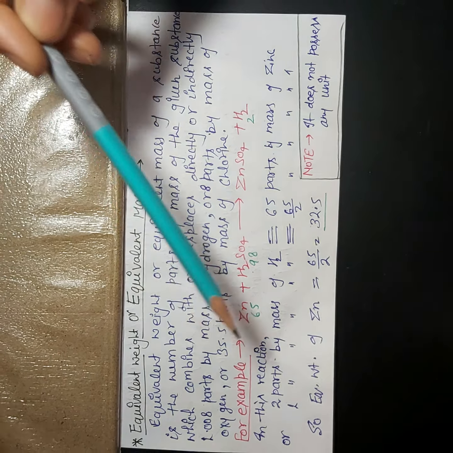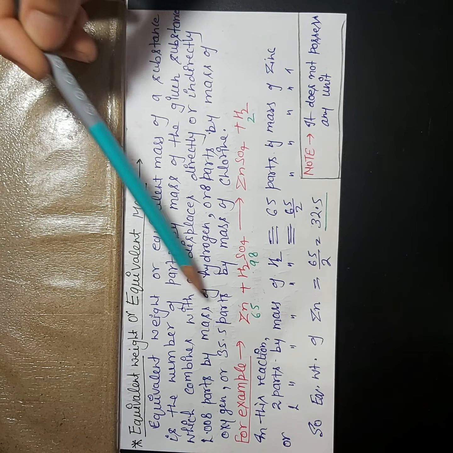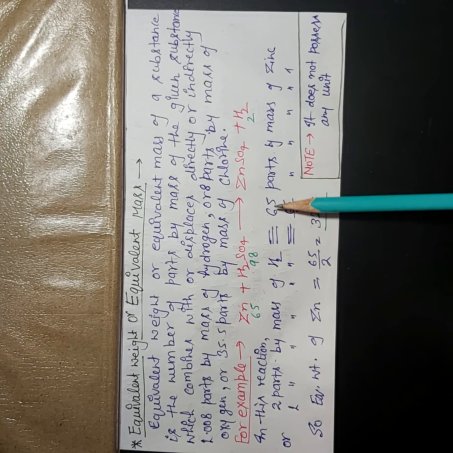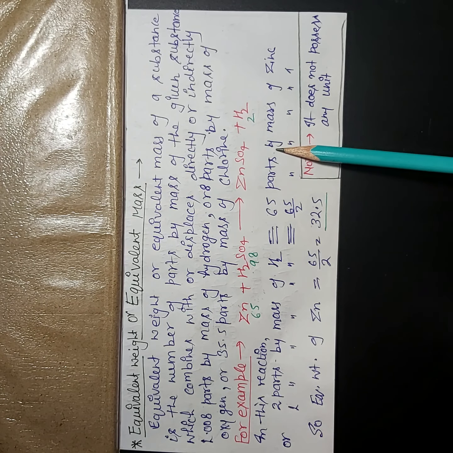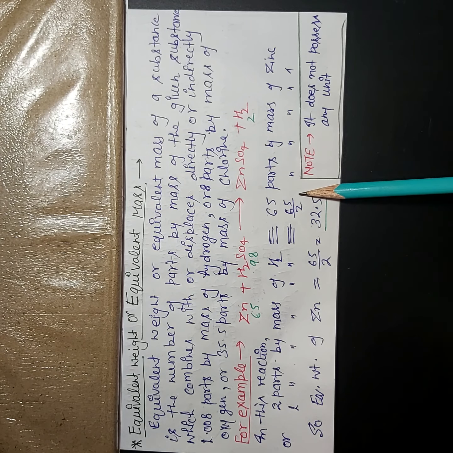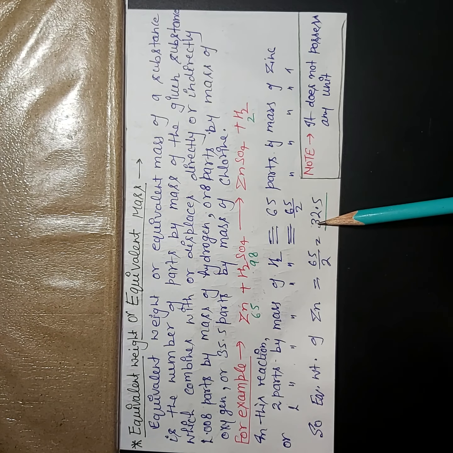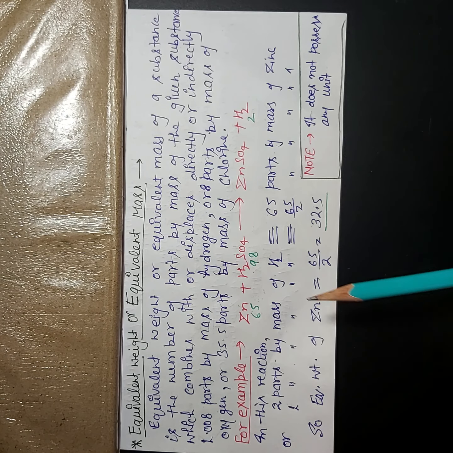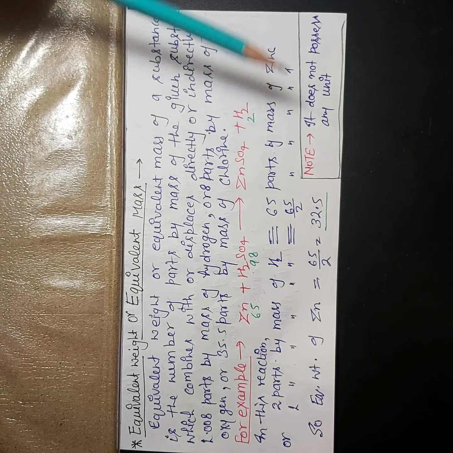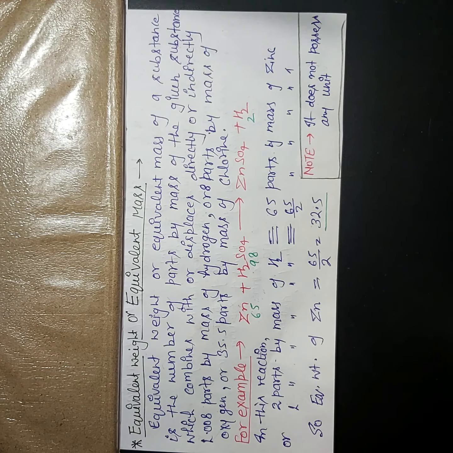So it will be its equivalent mass according to the definition. 2 parts by mass of hydrogen equals 65 parts by mass of zinc. So one part will be 65 upon 2, and 65 upon 2 means 32.5. It is the equivalent mass of zinc. One more thing that you should know is that this is a number, so it does not possess any unit.